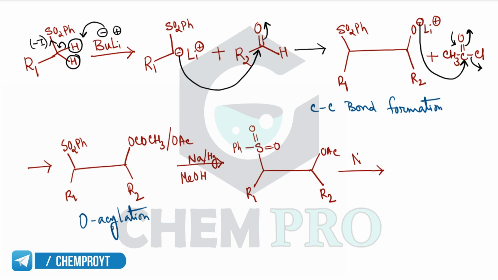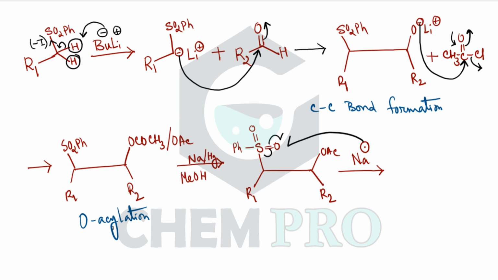Now one sodium will donate one electron to the SO2Ph, and it makes a sulfur radical. So from this we get R1, R2, OAc, and here sulfur, O negative, Na plus, a double bond O, and here Ph, and there is a radical.